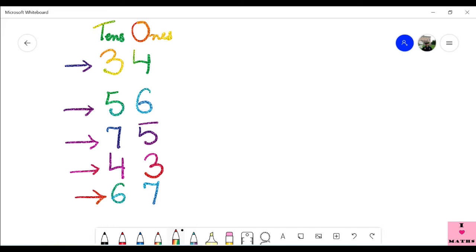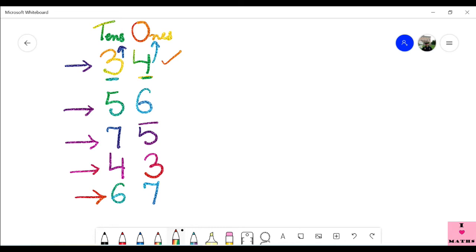Now, if we look at 34, here there are two digits. 4 is at ones place and 3 is at tens place. So the place value of 4 is 4 ones and the place value of 3 is 3 tens.